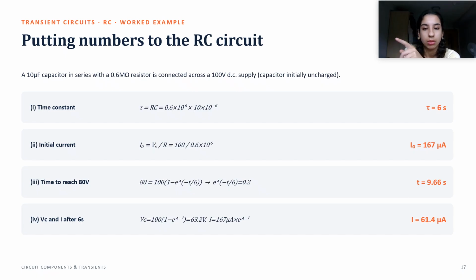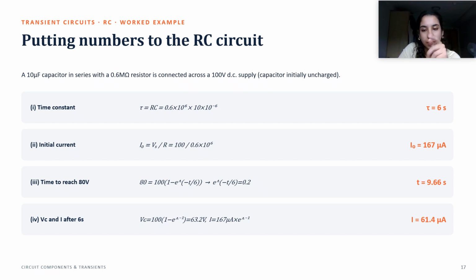So we will put the numbers into the formulas we learned. We get 80 equals 100 times 1 minus e to the minus t over 6, where 6 is our time constant, and we end up with 9.66 seconds.